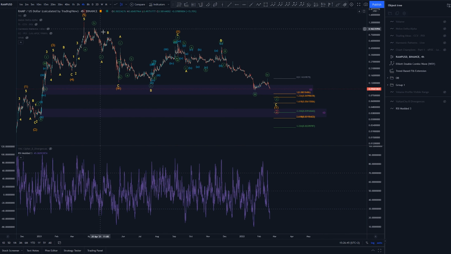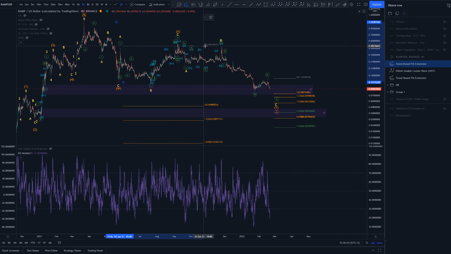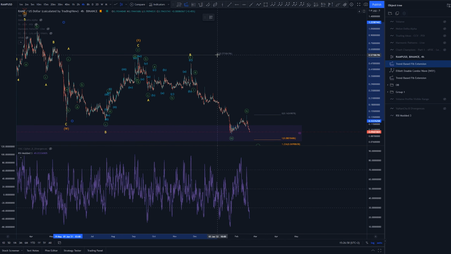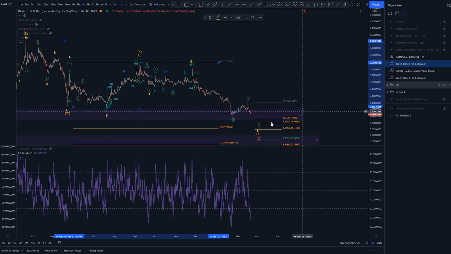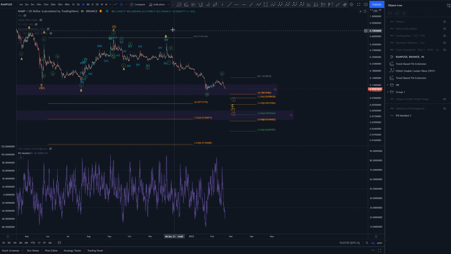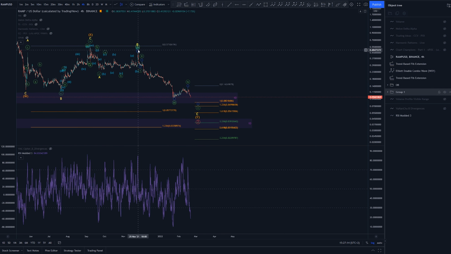Yeah, in any case, the primary 2 is coming down here, so WXY targets depend mostly on the inner waves, not just the WXY. And according to this, one target might be this 1-to-1 here. And for the targets on this last leg, that I'm assuming is the last leg, the targets are here.